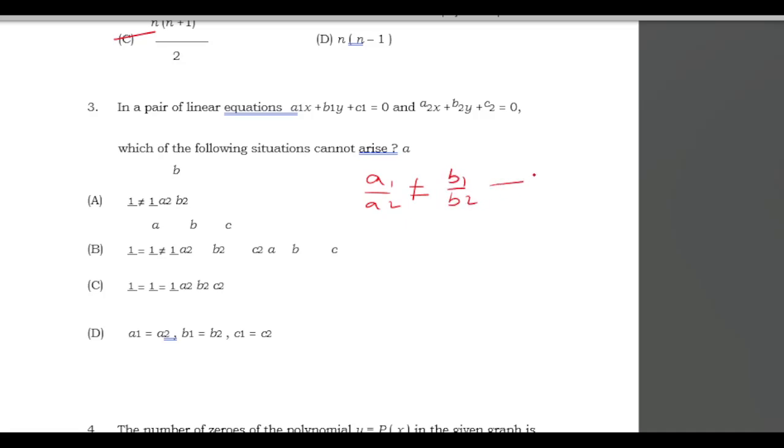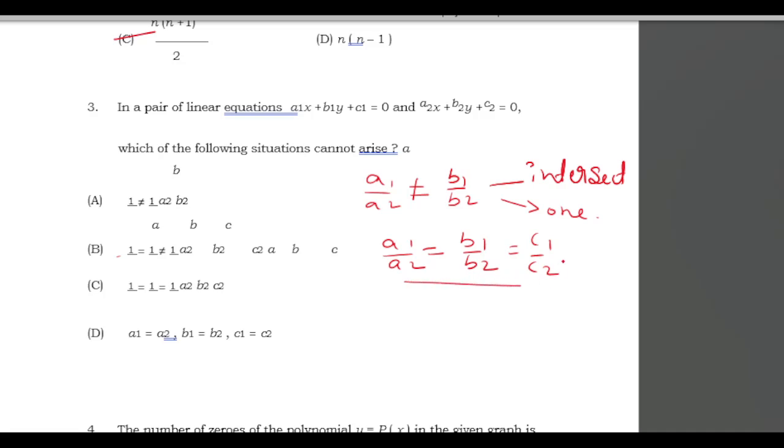So this is intersect. Second one, a1 by a2 is equal to b1 by b2 is equal to c1 by c2. So if all three are equal, then it is called as coincidence.